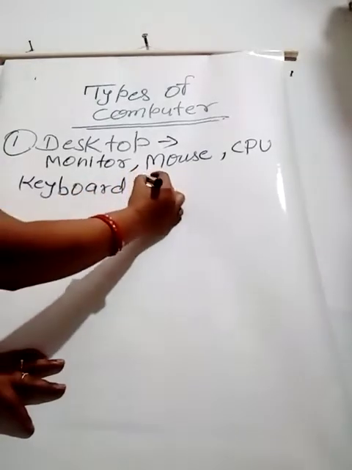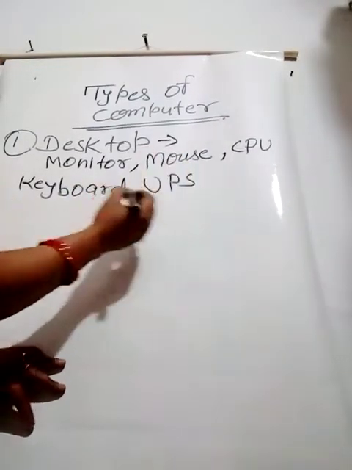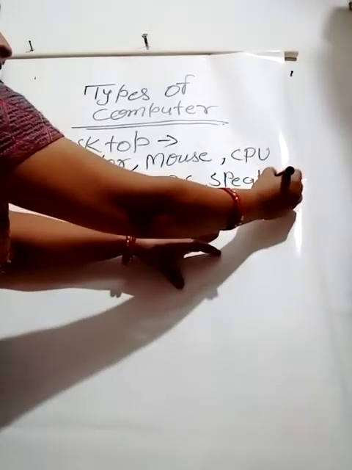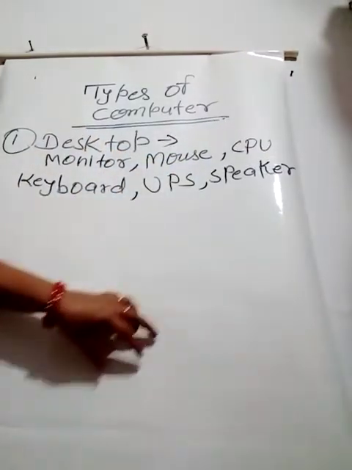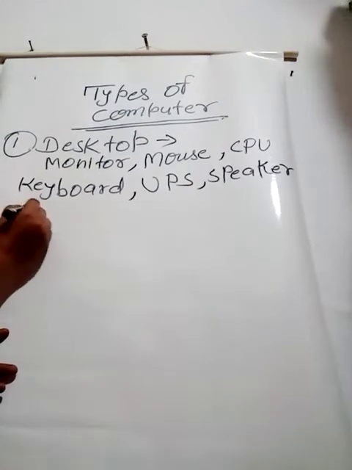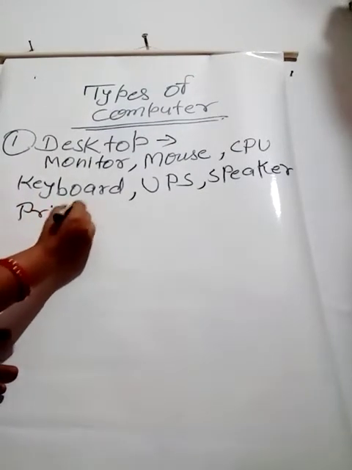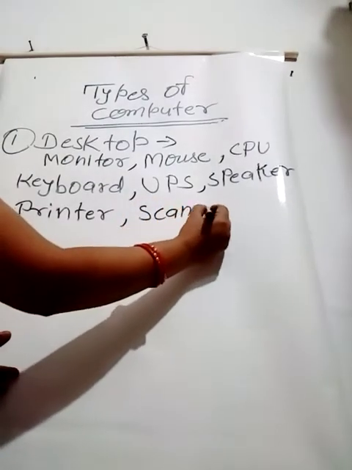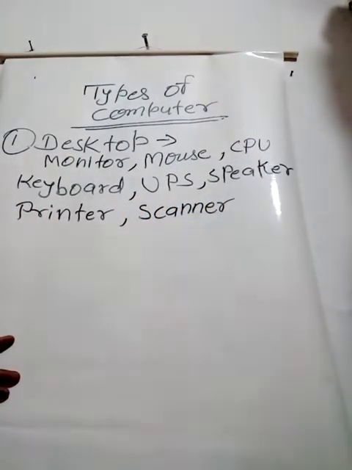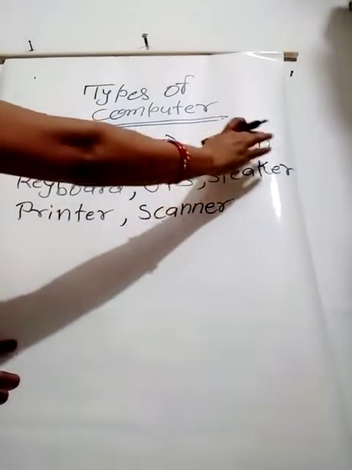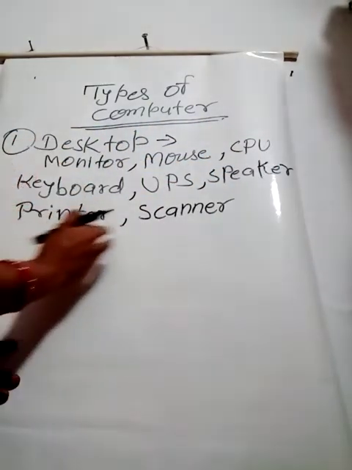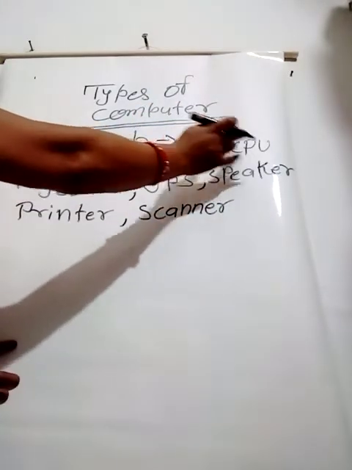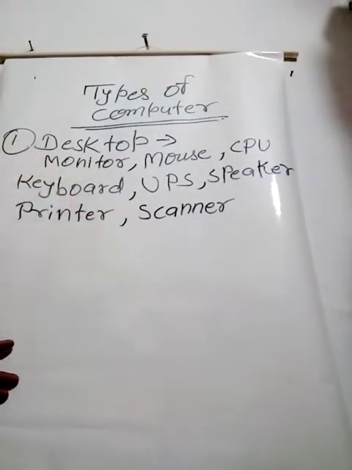Then the next one is the UPS. Another one is the speaker. Then you can also see the printer and scanner. All these are the several parts of a computer which are connected with each other with different wires to the CPU. It is called a desktop.